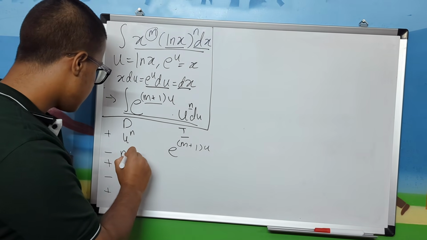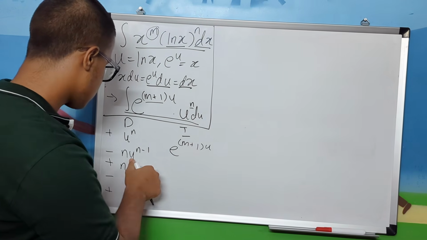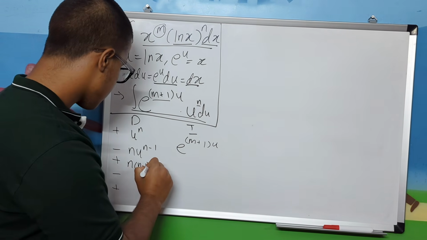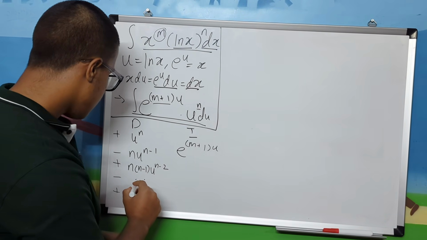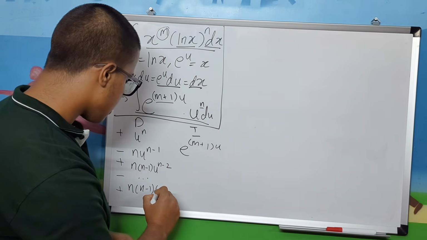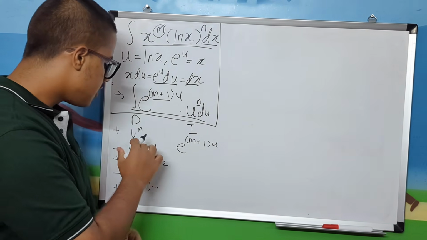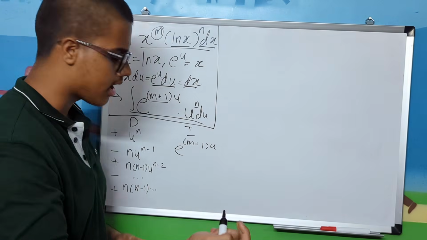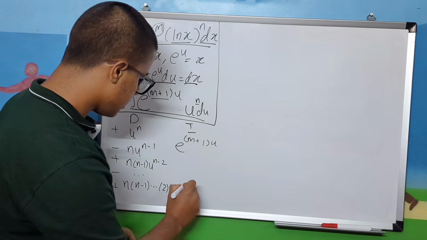Here is what you need to observe. As we differentiate this, in the end you will just get n times (n minus 1), and this will keep on multiplying until you basically reach 2 and then 1, and then u would be 0.